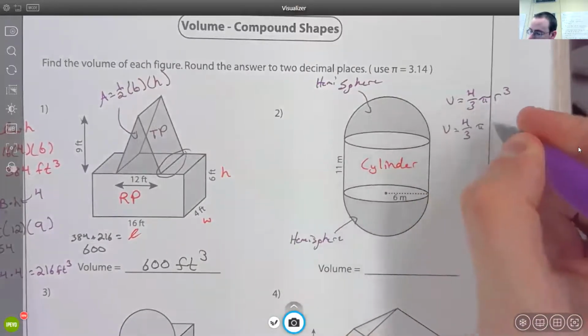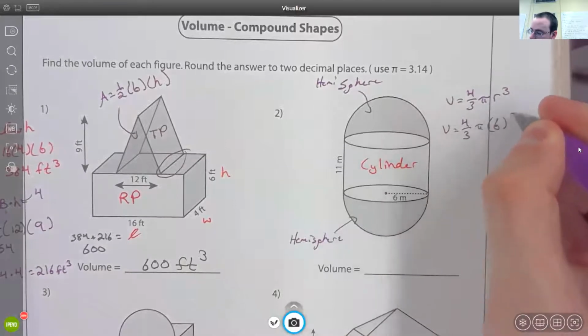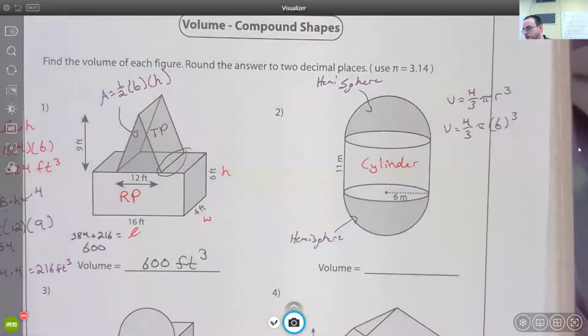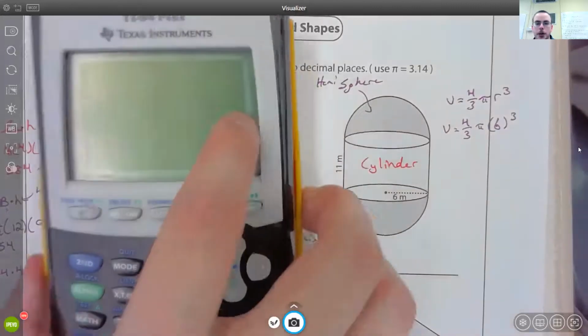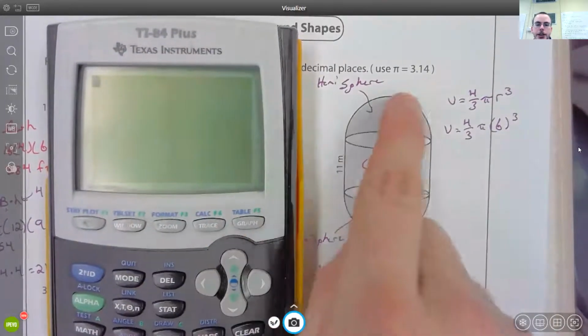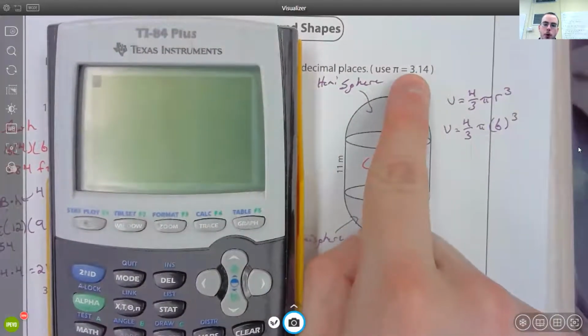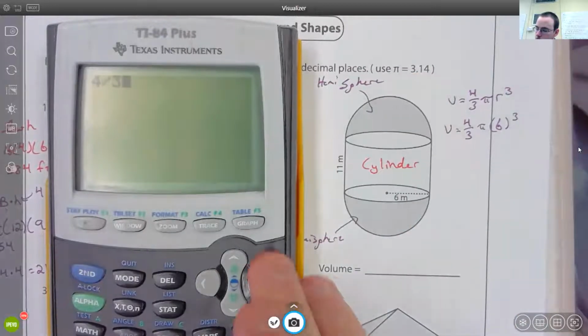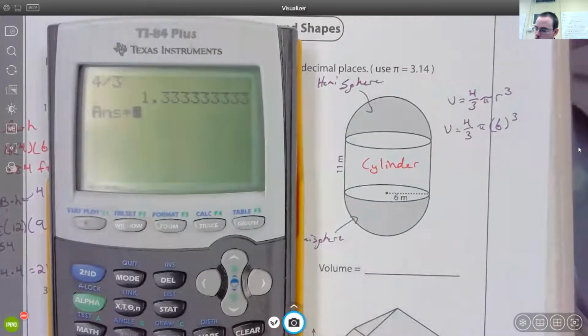So 4/3 times pi times 6 cubed. It says to use pi equals 3.14, so we take 4/3 times 3.14 times 6 to the third power.